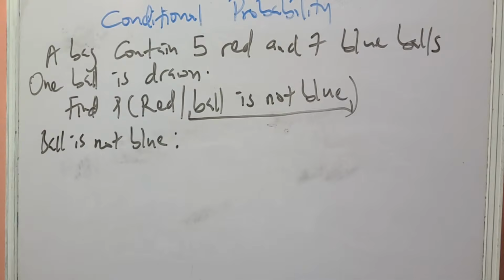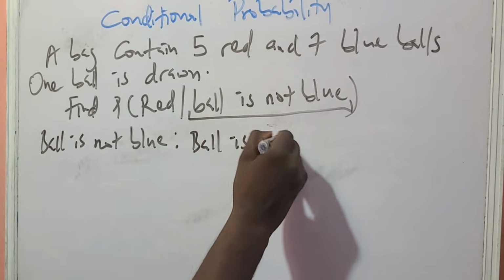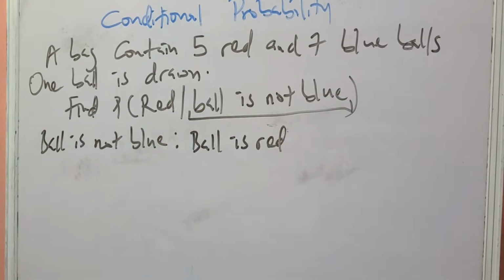So you are having a bag that contains 5 red and 7 blue. So when the question says ball is not blue, thank you very much, Akonde Praise, that means ball is red. It's just a twisted way of saying ball is red. So ball is not blue means ball is red.